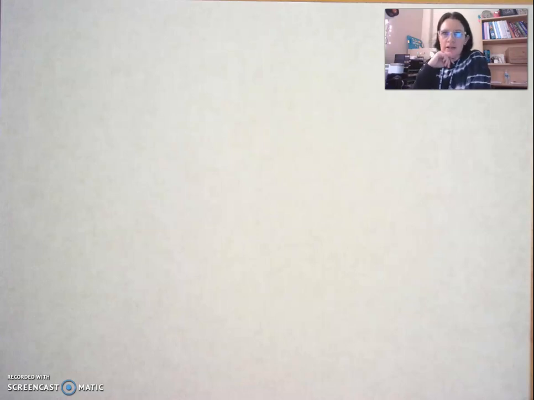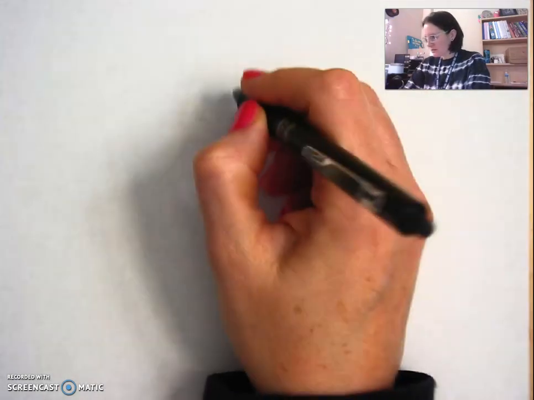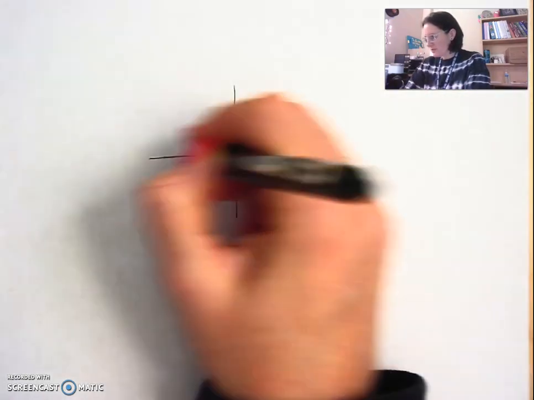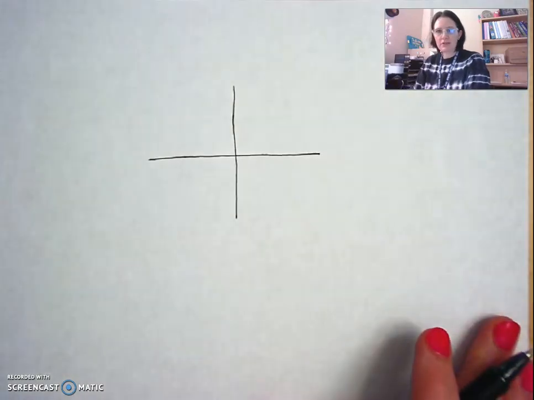All right, this lesson we are talking about something called polar coordinates. And I first want to talk about coordinates we already know, which are the Cartesian or rectangular coordinates.